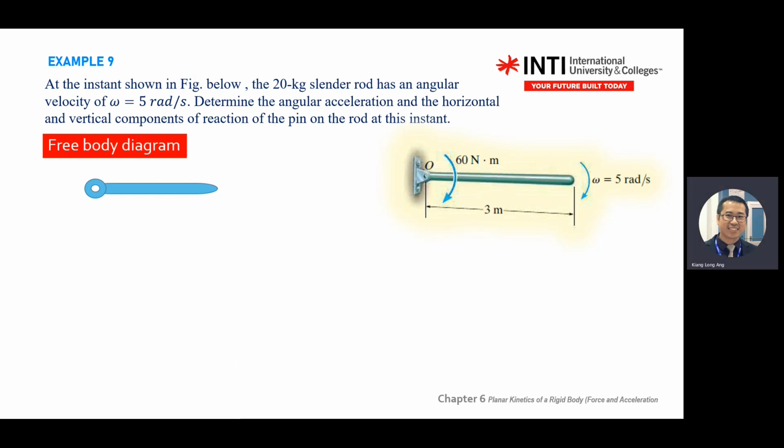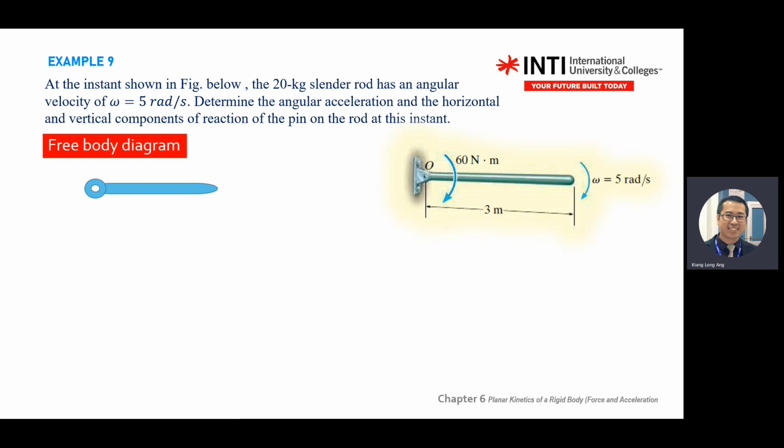Once you have put in all the forces, you identify what kind of motion you have. Is it linear motion or curvilinear motion? Now focus on the center of mass. In this object, what kind of motion does the center of mass have? Does it move in a straight line or in a curved path? It is circular motion. When you have circular motion, you know that you have normal and tangent components, so you know the direction of the velocity and the acceleration.